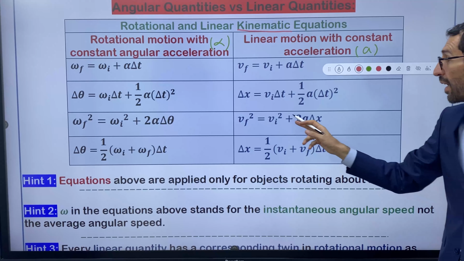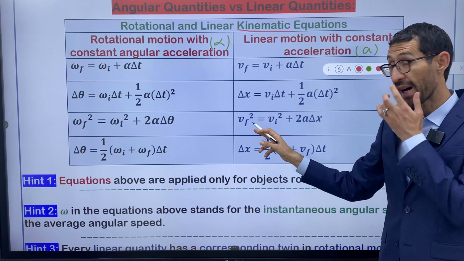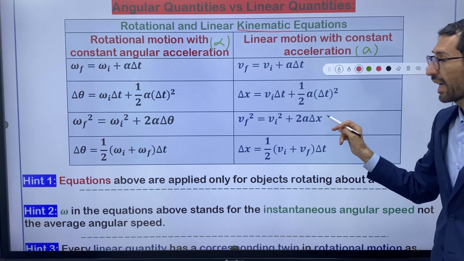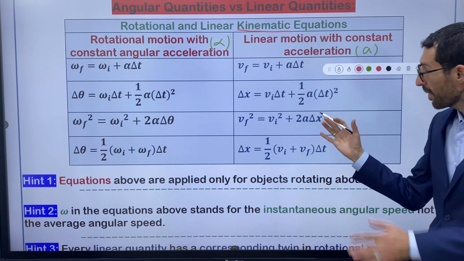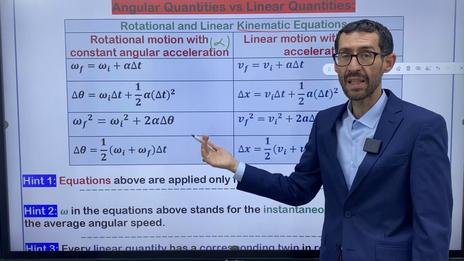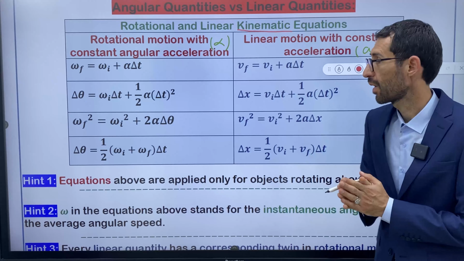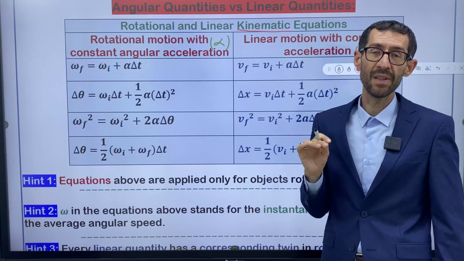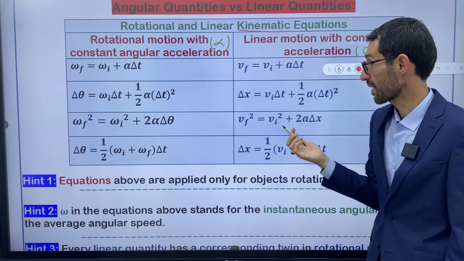The third equation: V final squared is equal to V initial squared plus 2a delta x. The same thing we have in rotational motion, except for the quantities. I told you, they have the same form, but different physical quantities.